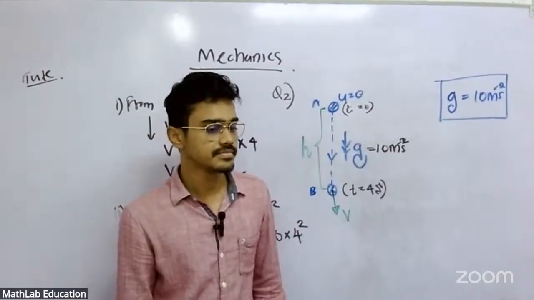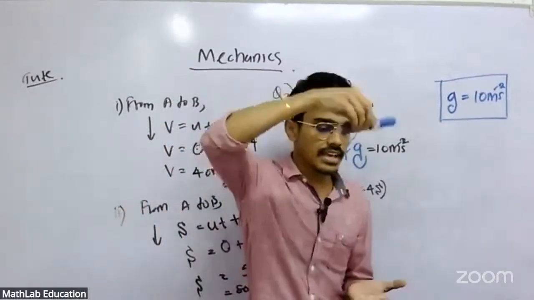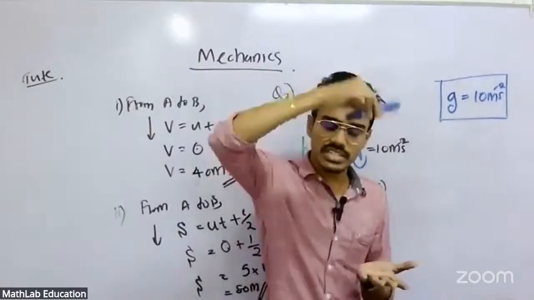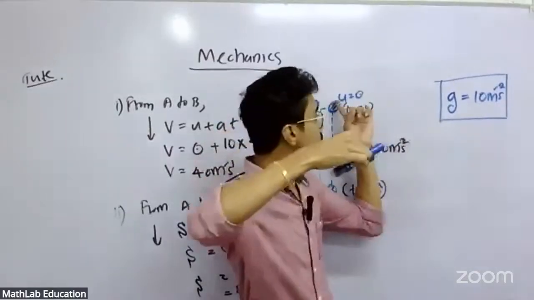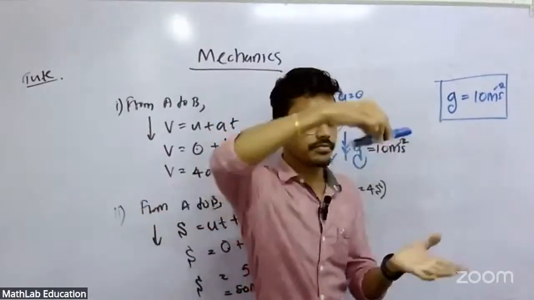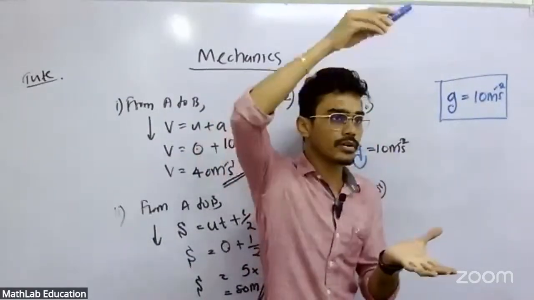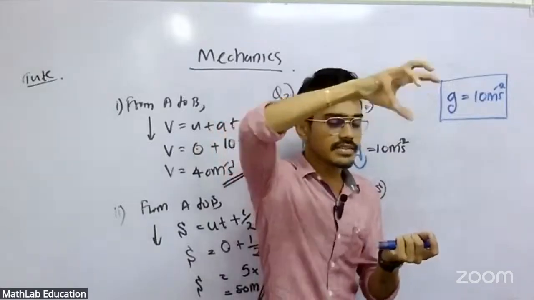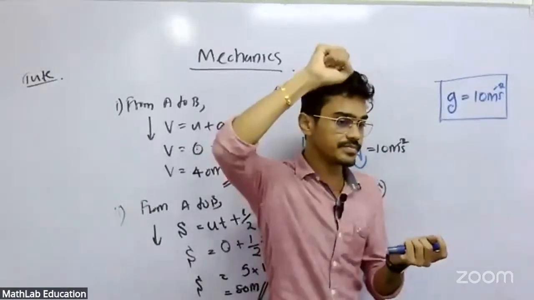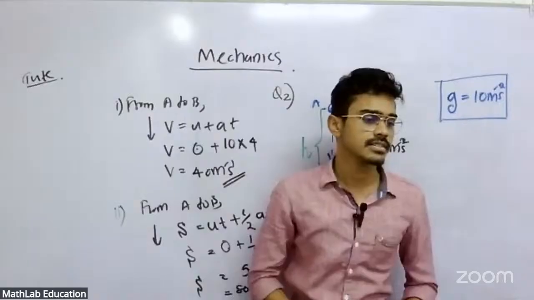Is that clear? So if I have applied a velocity here, the initial velocity is non-zero. If I'm releasing it from rest, the initial velocity is 0. If I'm not releasing it from rest, the initial velocity is non-zero. Acceleration remains the same.